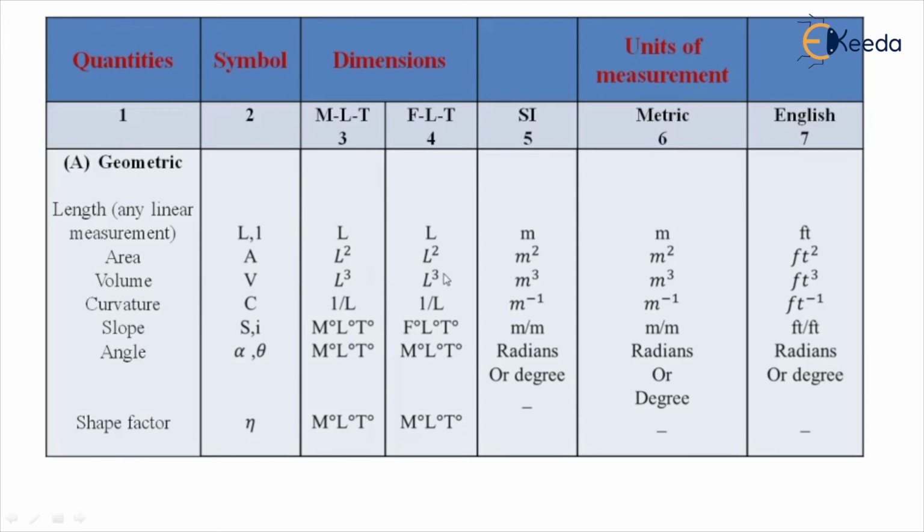Dimension is L square, both in MLT and FLT. SI unit m square, metric unit also m square, and English unit is ft square, that is feet square. These are some geometric terms and their symbolic representation, dimensions and their units are given. Take a snapshot of this image.